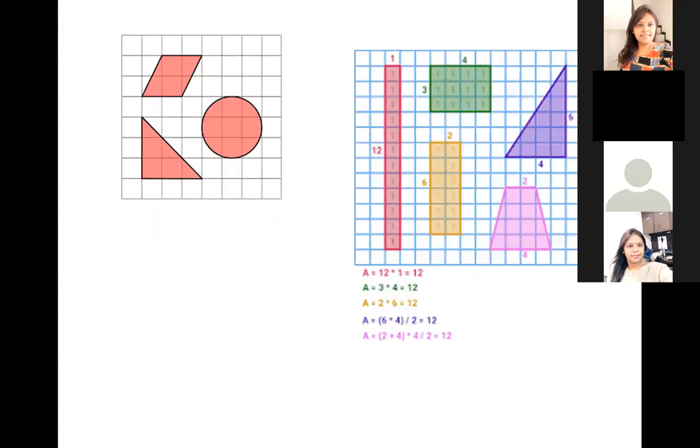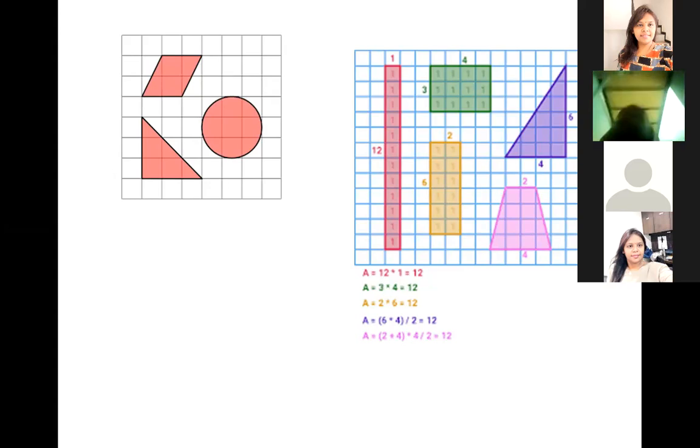Look here. This is the area. Area means it covers something, it occupies some space. Such a type of figure is known as the area.